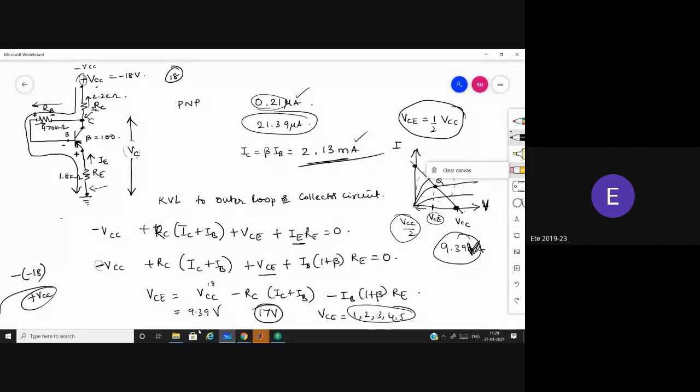Okay, now coming back to the next part. Now our next part is VC. So how are we going to find VC now? See, for VBE we have the formula VB minus VE. Similarly, can we have any formula for VCE?